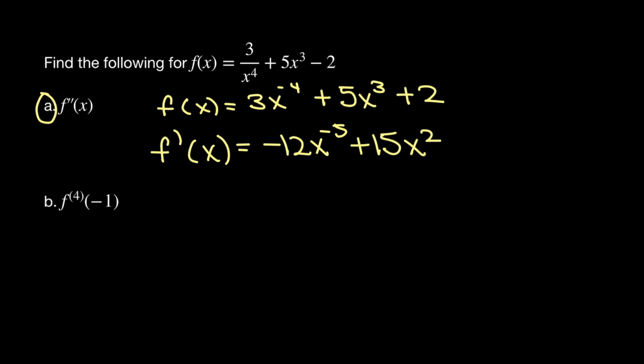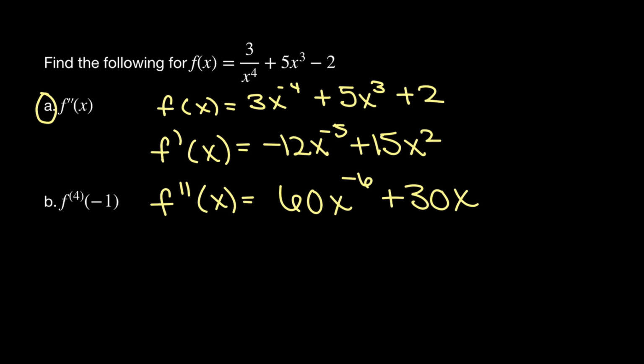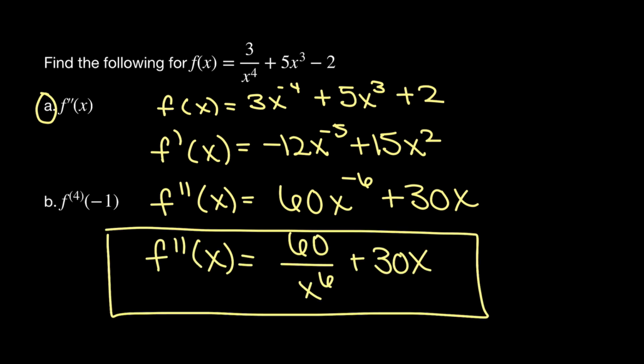And so to find my second derivative, I just take the derivative of my derivative. So bring down the negative 5, I get 60x to the negative 6, and then bring down the 2, and I get 30x. And that would be my second derivative. We could rewrite that first term as 60 divided by x to the 6. Well, we don't have to, but sometimes it's helpful to have positive exponents.